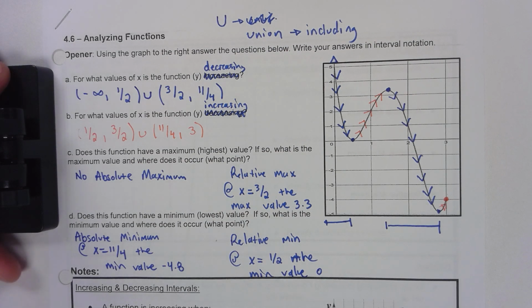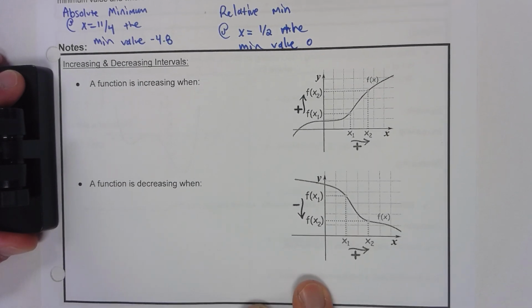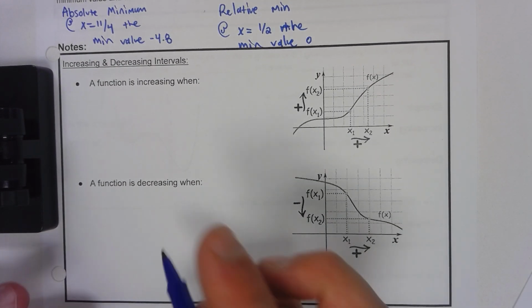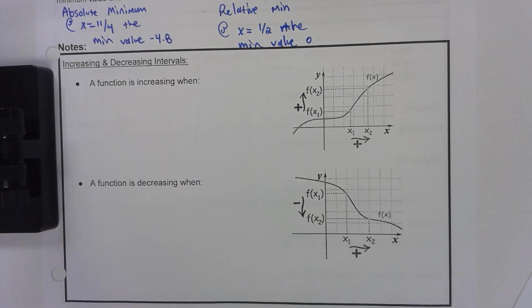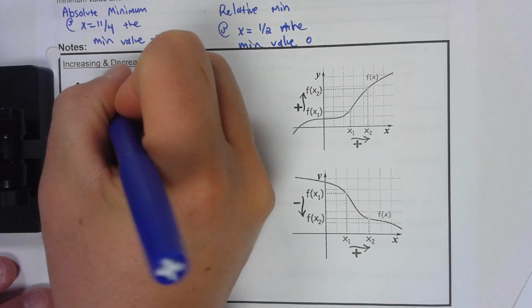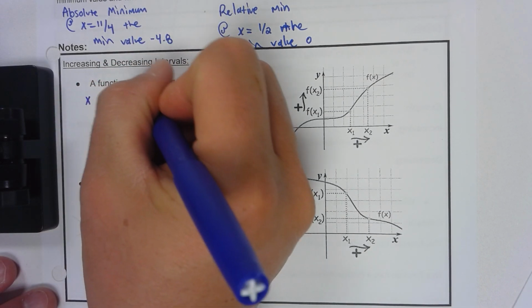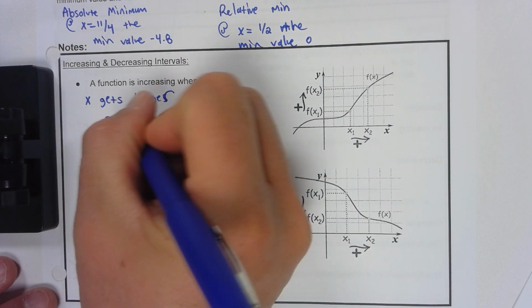All right, now let's just kind of clean up these definitions here, or just be a little more explicit with these definitions. So a function is increasing when, as x gets bigger, so does y.